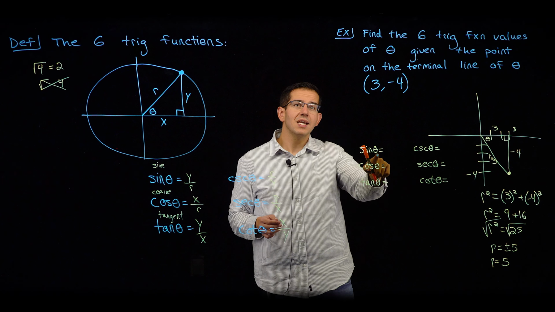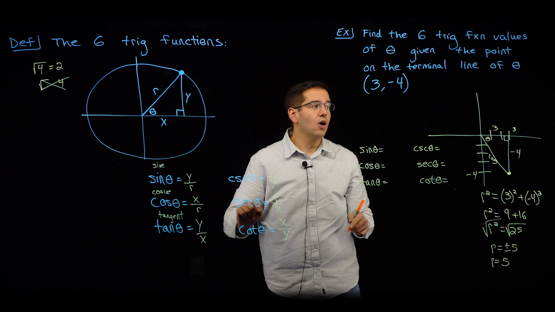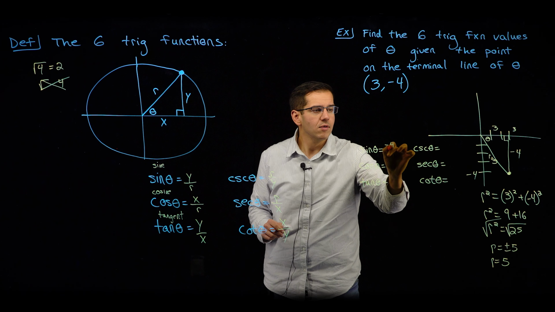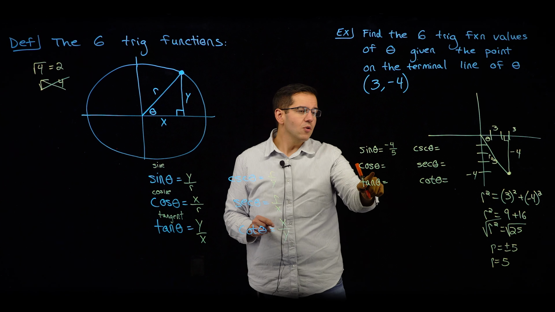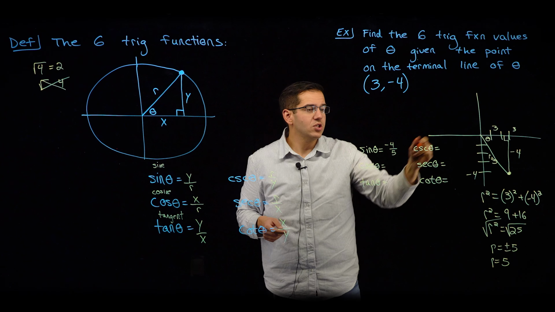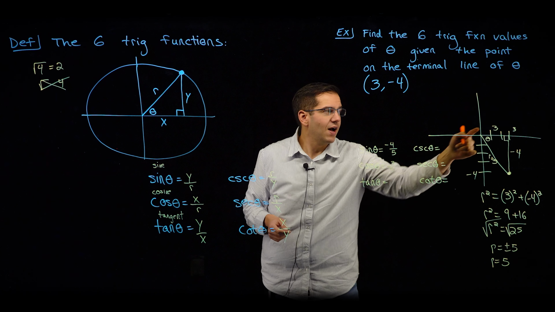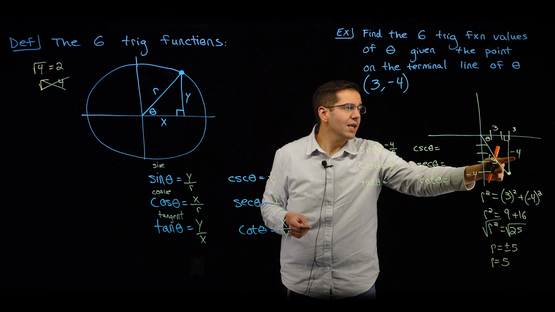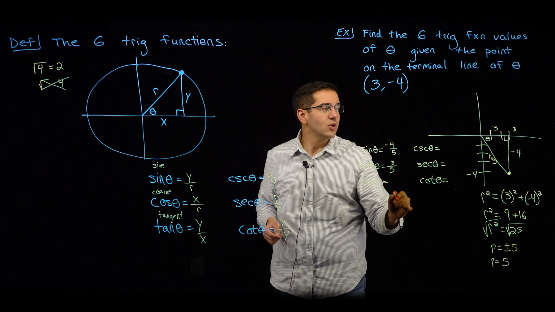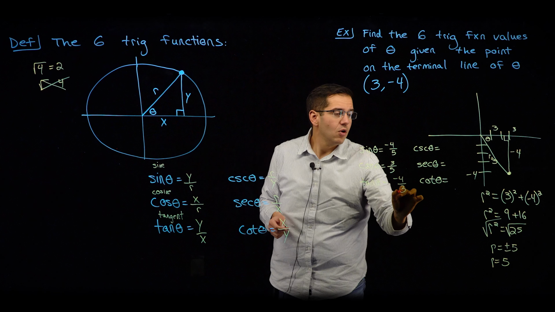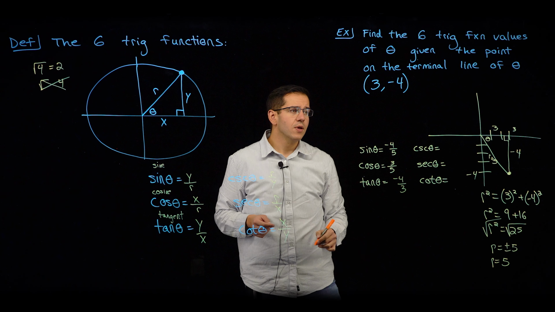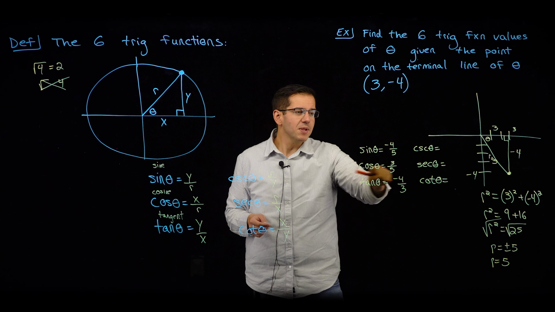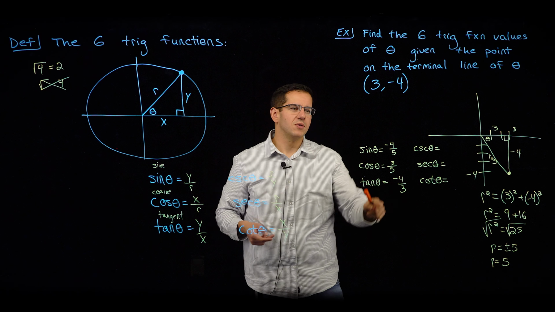Sine of theta is equal to the y over r. So that is negative 4 over 5. Cosine of theta is x over r, which is 3 over 5. And tangent of theta is equal to the y over the x, which gives us negative 4 over 3. Remember to find cosecant, secant, and cotangent, just keep them lined up so that you just find the reciprocals.